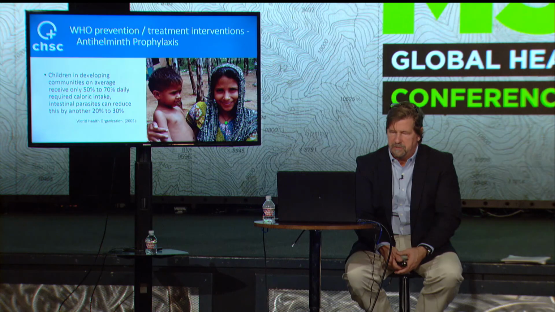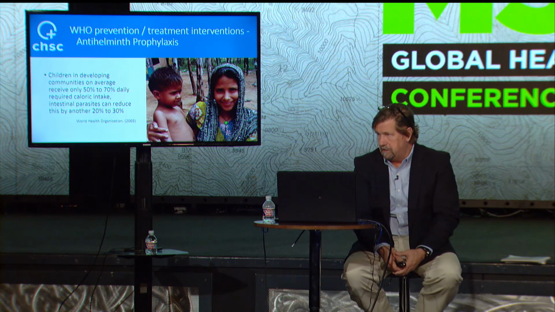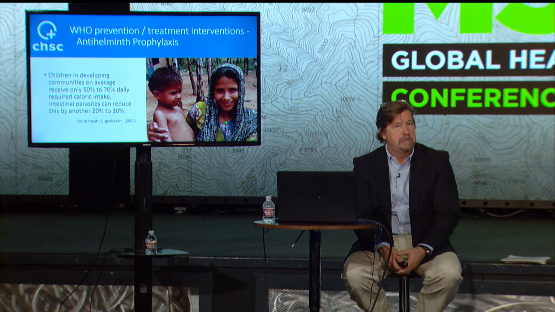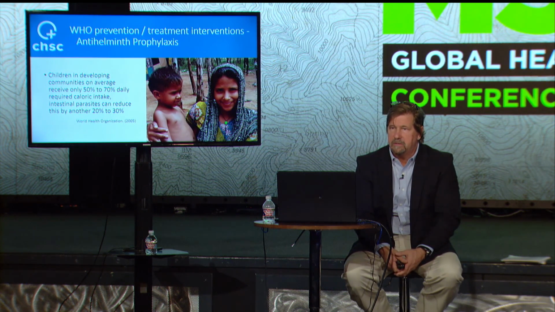Children in developing communities, on average, receive about 50 to 70% of the daily required caloric intake. Now, when you add on top of that worms in their belly, it's not a context for good nutrition, is it?